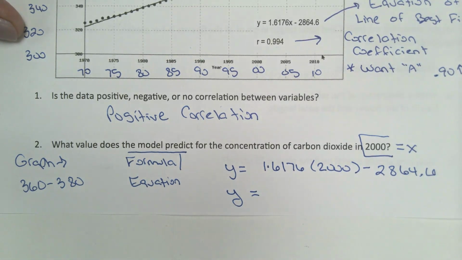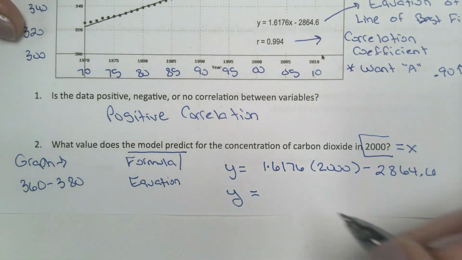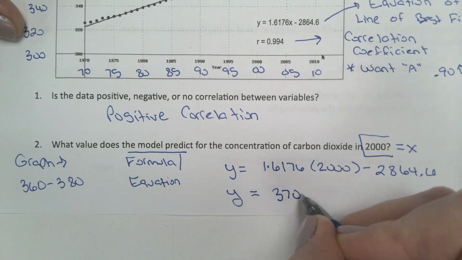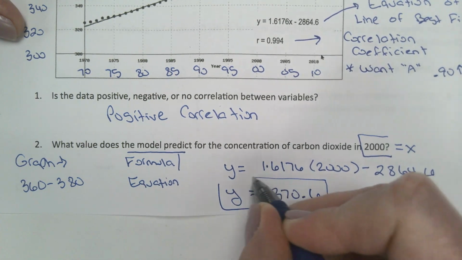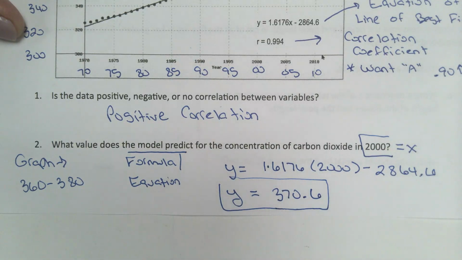You're going to plug that into your calculator. You're going to run the numbers. And if you did it correctly, you get 370.6 is the concentration of carbon dioxide in the air in the year 2000.